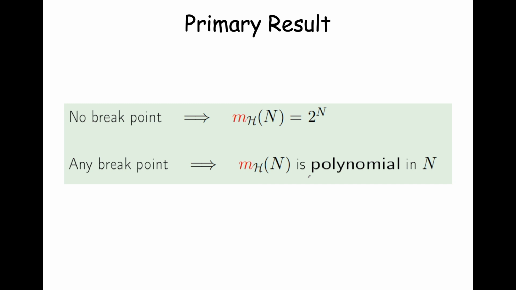If there's any breakpoint at all, it means the growth function is polynomial in n. This is our primary result. And as long as we can prove that the breakpoint exists, we can show that learning is feasible, because then with the union bound for Hoeffding's inequality, we can show that this will decay, because that negative decaying exponential will overwhelm that dampening of a polynomial growth function.